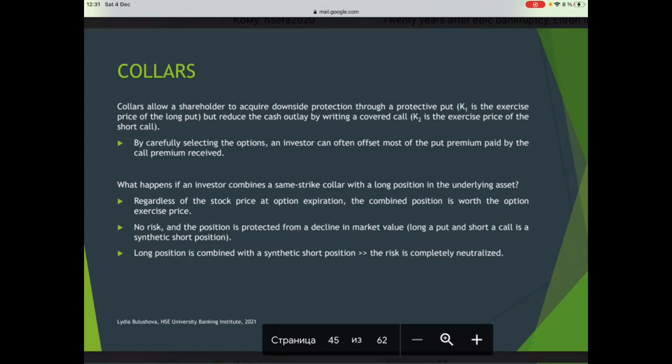So I have an asset, and I believe that the asset can remain at the current level or even go down. And I purchase insurance, and I pay for insurance. To offset this payment, I might sell a covered call, and it might happen that these premiums offset what I've paid for the insurance.